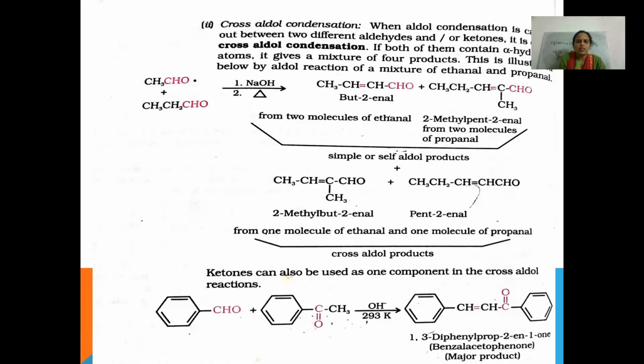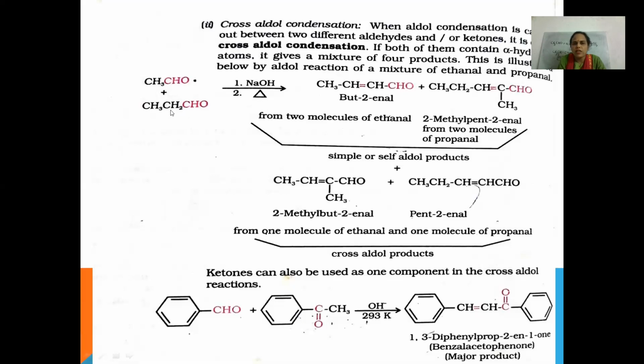So you see here I have started with CH3CHO plus CH3CH2CHO. CH3CHO is ethanol. This contains an alpha carbon, and on it is alpha hydrogen. Similarly, in CH3CH2CHO, the second carbon, that is the carbon next to the functional group CHO, the CH2, contains alpha hydrogen atom on it.